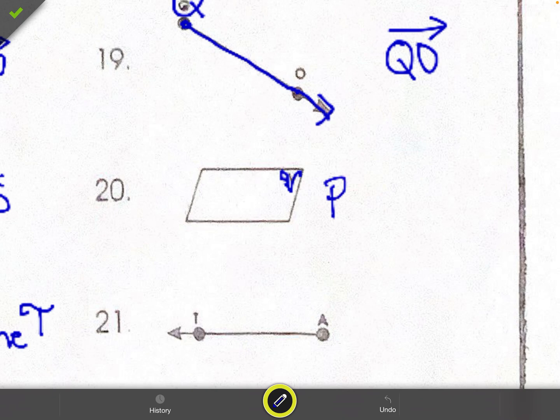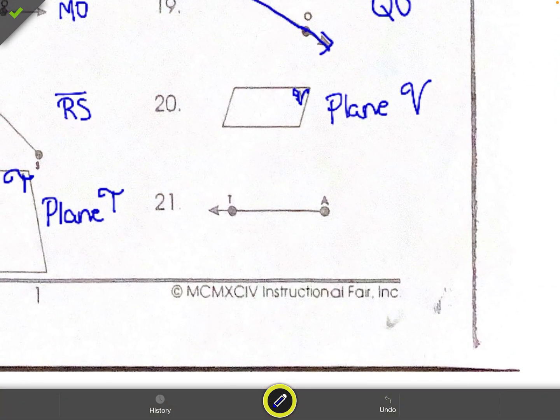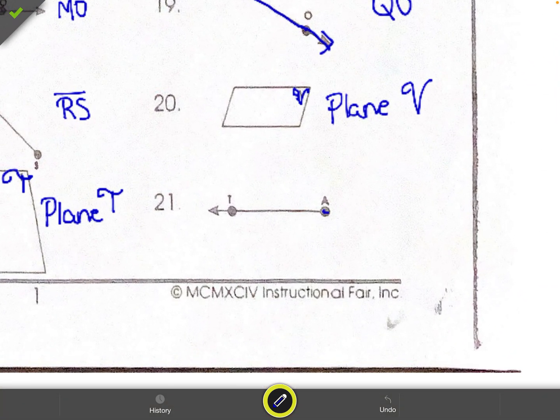So that would be plane V. And last but not least, this starts at A, goes to T, has the arrow to indicate it's going to continue. When that happens, that's a ray. Make sure you start at that point to name it. So ray AT.